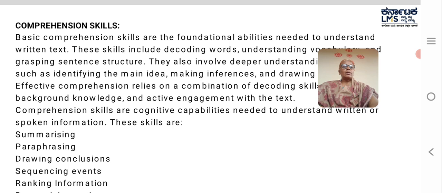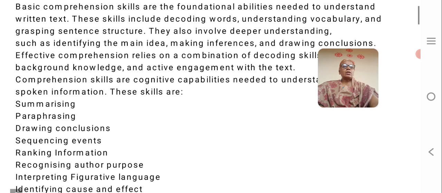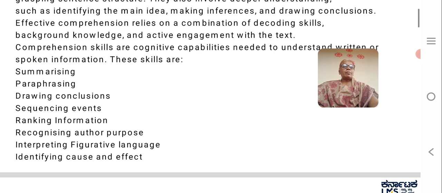They are higher order skills with multiple skills which help to understand the text. These cognitive capabilities include summarizing, paraphrasing, drawing conclusions, sequencing events, ranking information, recognizing the author's purpose, interpreting figurative language, and identifying the cause and effects.